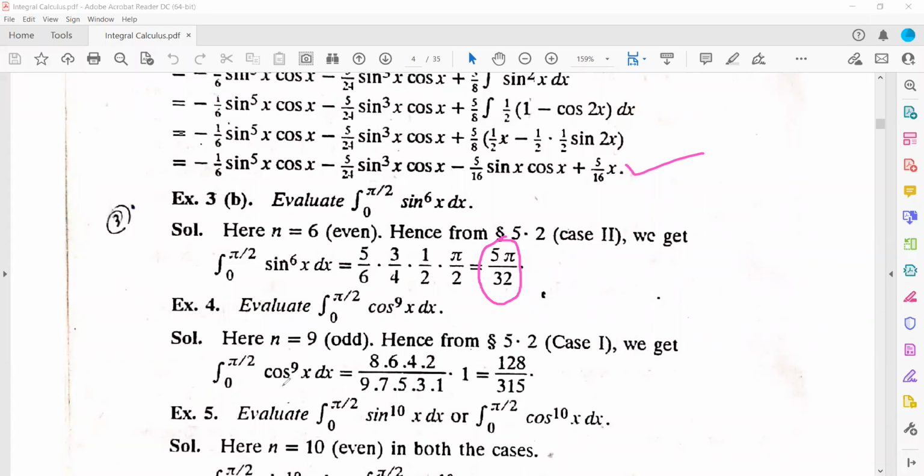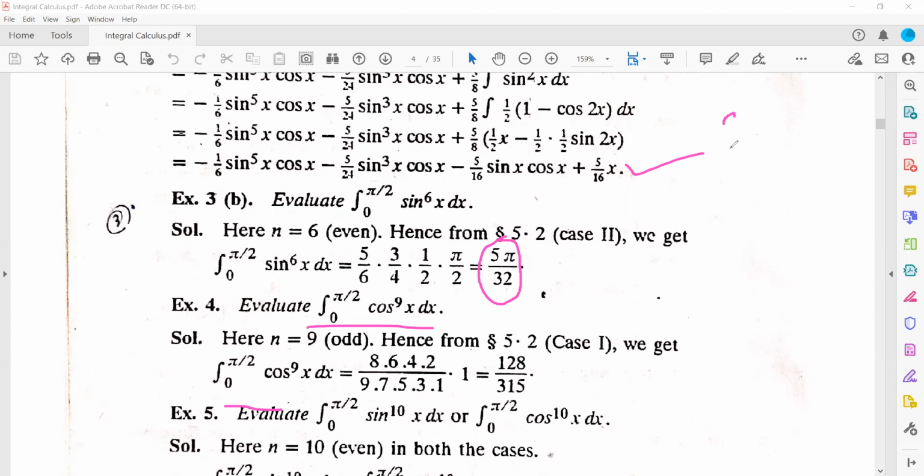Similarly, if n is odd, use the Wallis formula here for cos power. One more thing I have not told you: the Wallis formula for sine to the power n or cos to the power n will be the same. There is no difference.